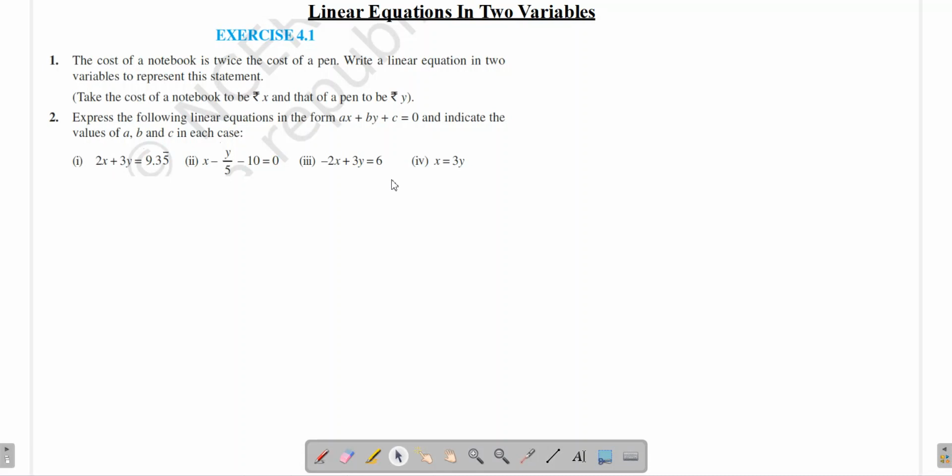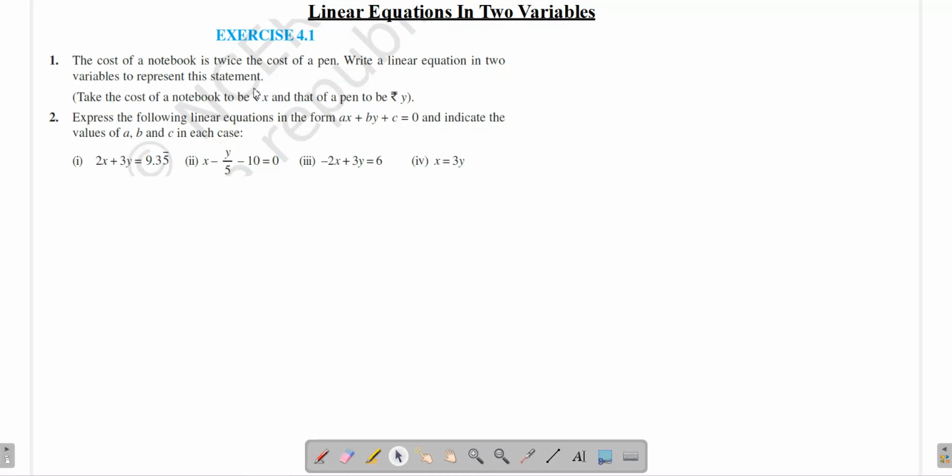It's a word problem. So what we need to do is to frame a linear equation using two variables with the given conditions. So let us read out the question first. It says the cost of a notebook is twice the cost of a pen. Write a linear equation in two variables to represent this statement.